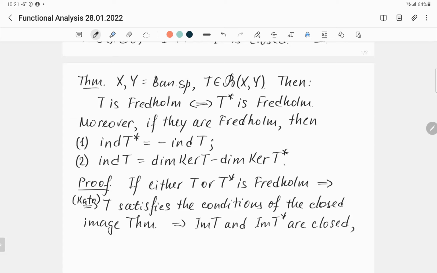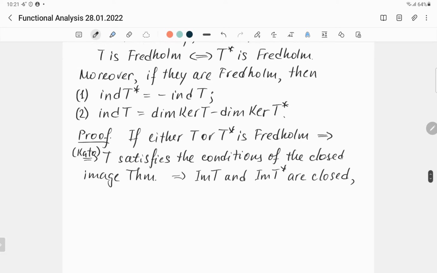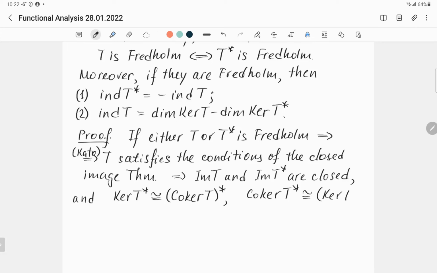They are closed, and also the closed image theorem implies that the kernel of T star is isomorphic to the dual of the co-kernel of T. And similarly, the co-kernel of T star is isomorphic to the dual of the kernel of T. This also follows from the closed image theorem.